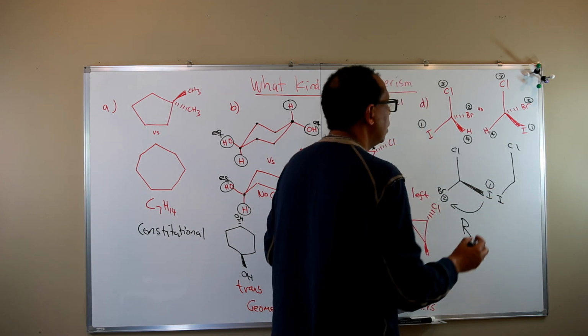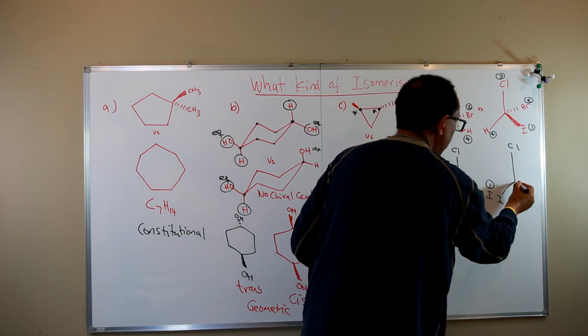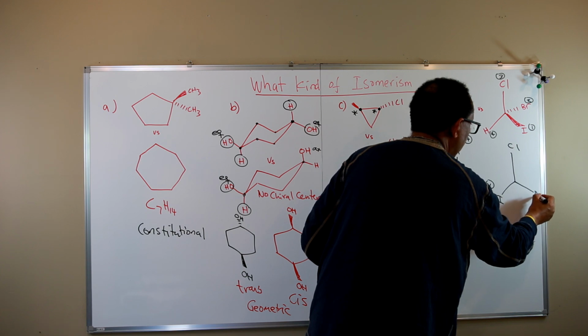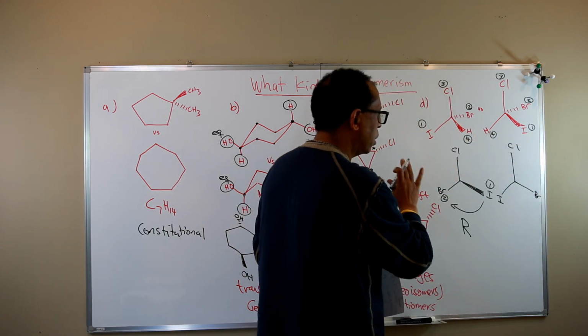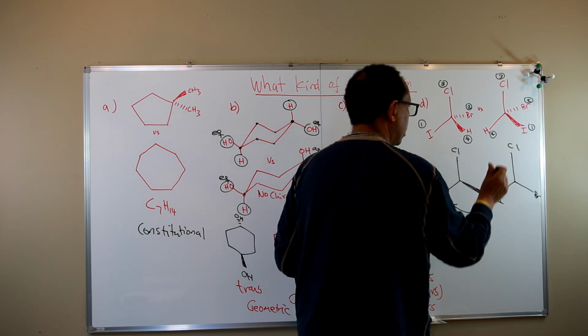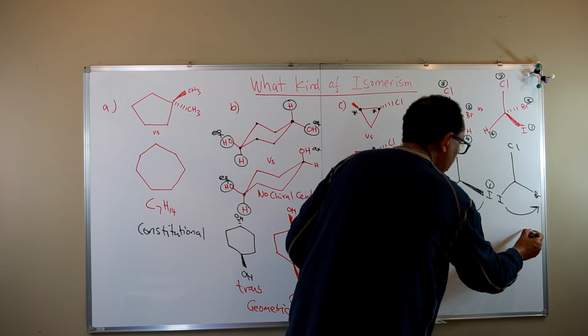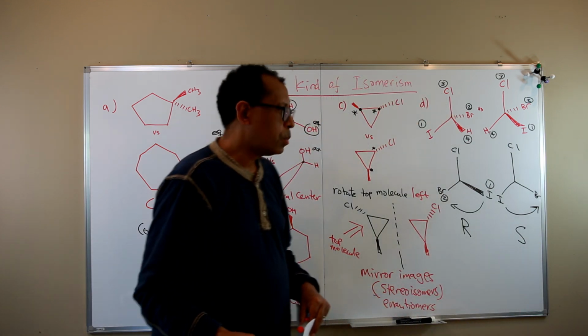Iodine. And now the bromine would come out here because we are rotating this. So the hydrogen, the fourth priority, is into the plane of the board. This is going to that. So this is an S.